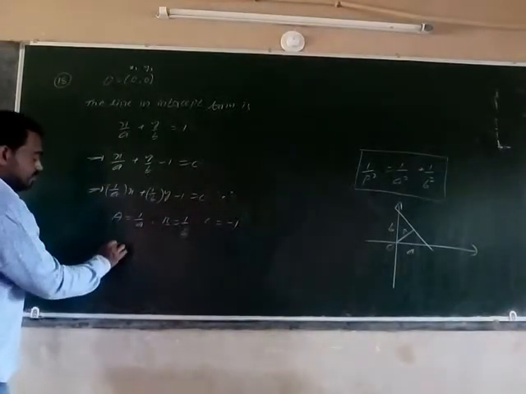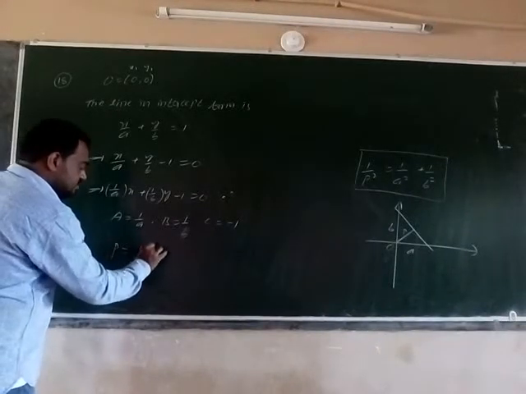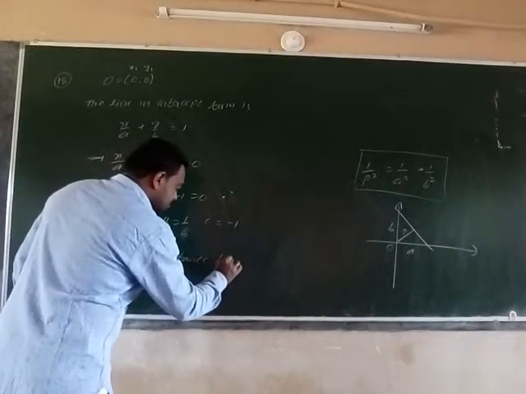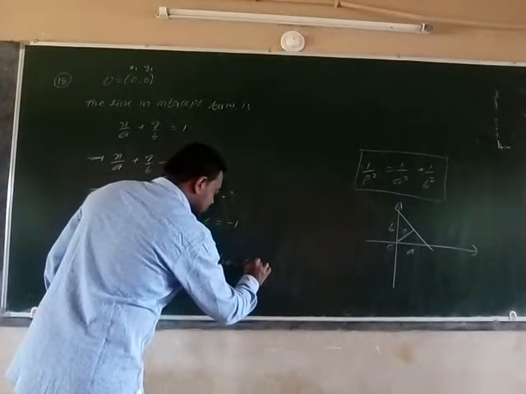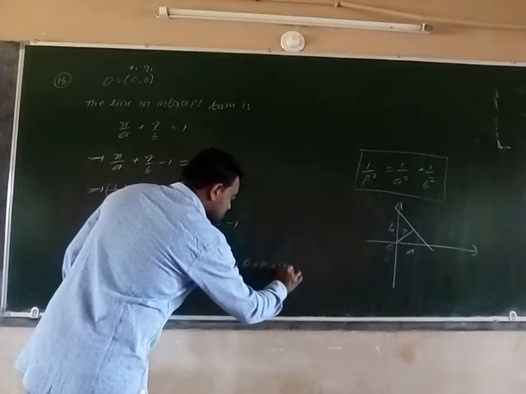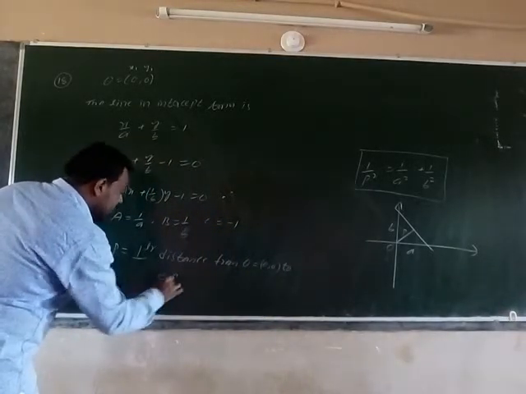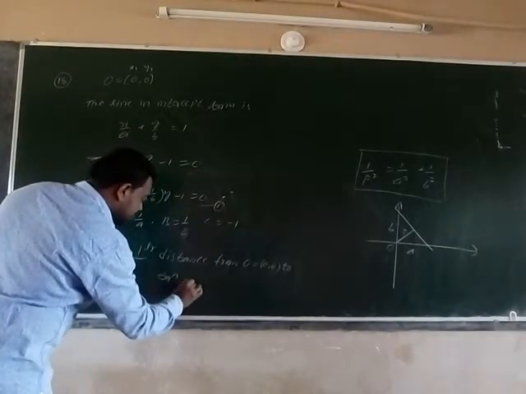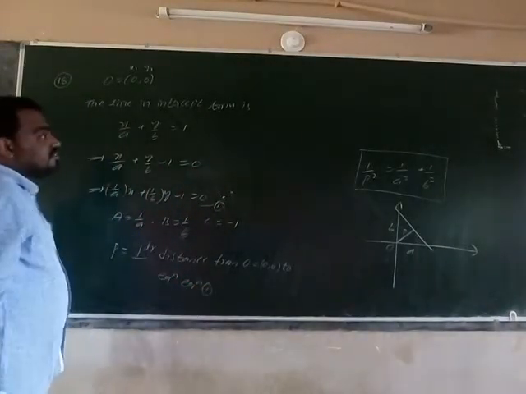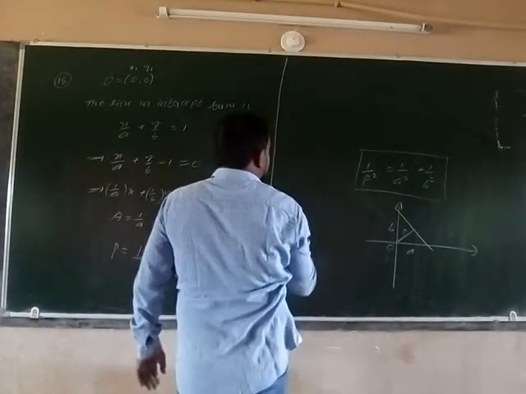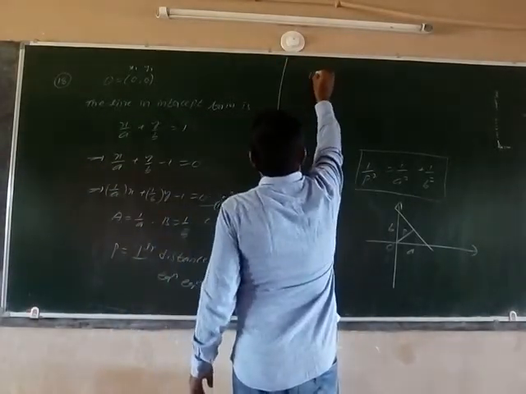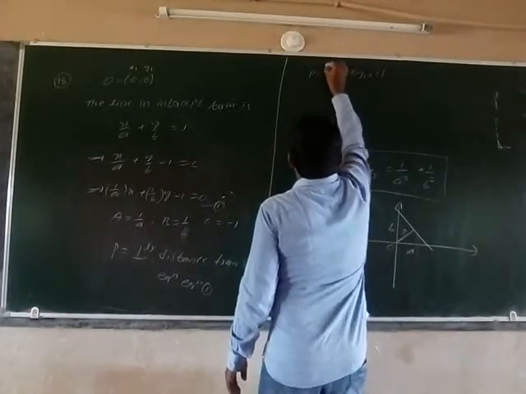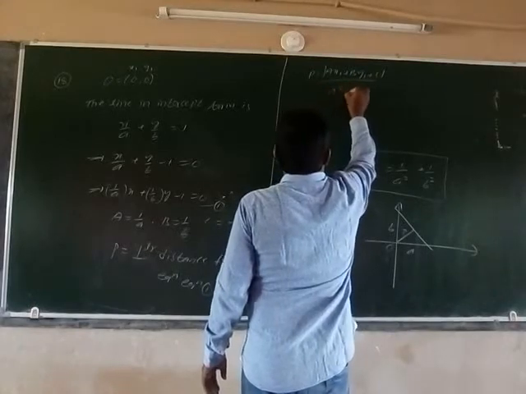Now what is given? P is the perpendicular distance from origin 0 comma 0 to this equation 1. What is the formula? P is equal to modulus of ax1 plus by1 plus c divided by the square root of a square plus b square.